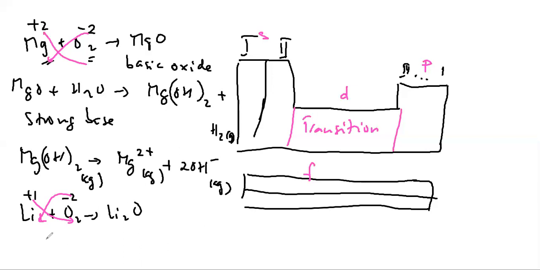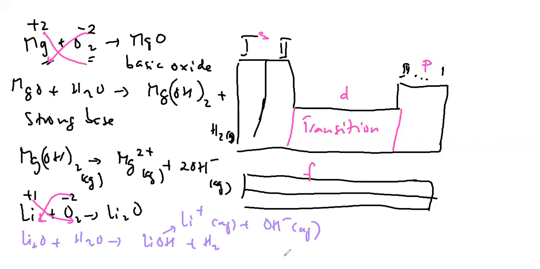What happens when I add Li2O into water? It will give me LiOH plus H2. Again, this is a strong base. When I add lithium hydroxide into water, it will completely dissociate, meaning the ions are completely separated to give Li+ aqueous plus OH- aqueous.